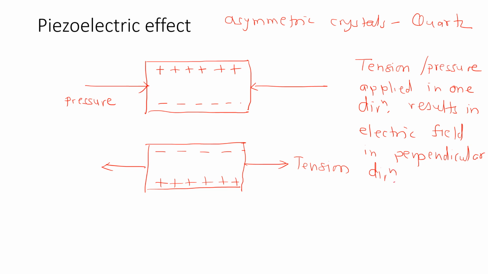Tension or pressure which is applied in one direction results in electric field in a perpendicular direction. So when we apply pressure or tension along one pair of opposite faces, then electric field is developed across the other pair of opposite faces perpendicular to the applied pressure or tension. This is piezoelectric effect.